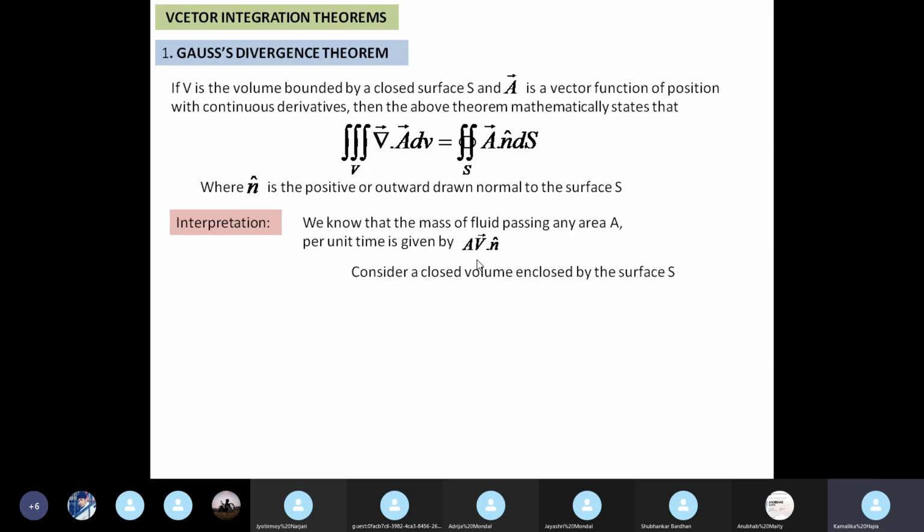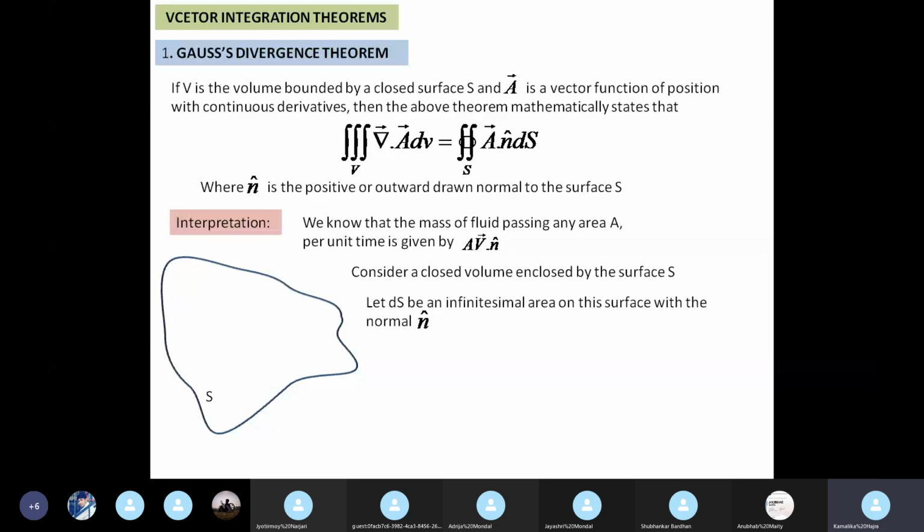Now suppose you consider a closed volume enclosed by the surface S. This is an arbitrarily shaped surface S, but this is a surface that encloses a volume. So it's a closed surface.